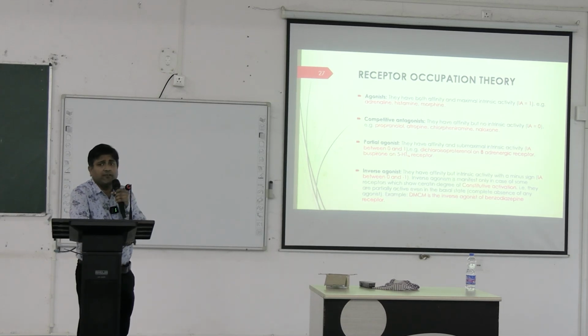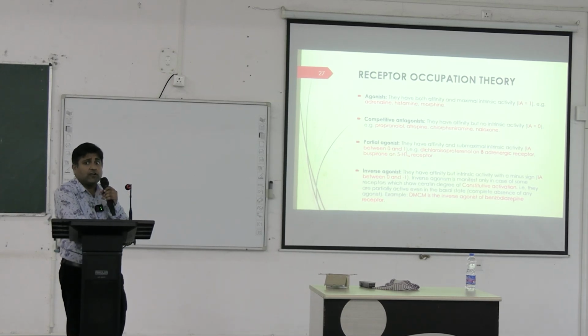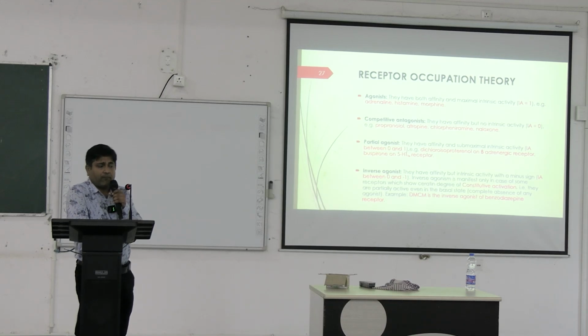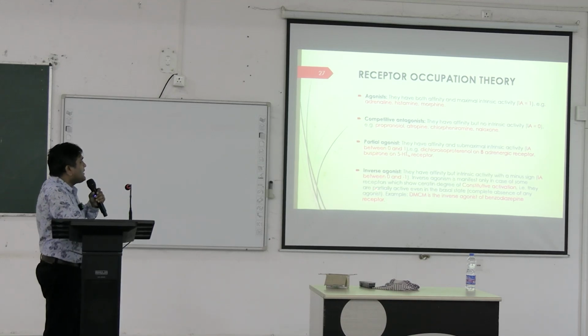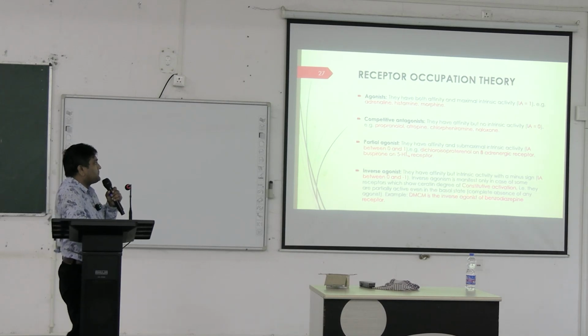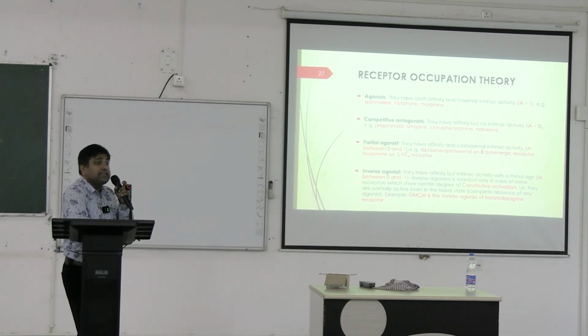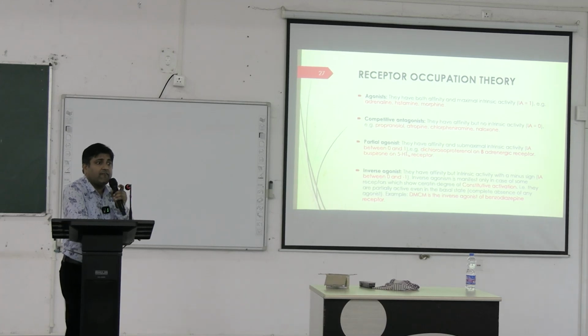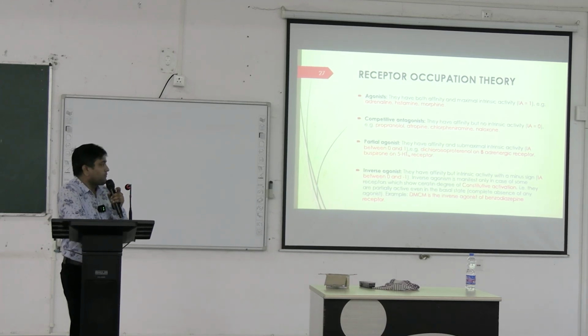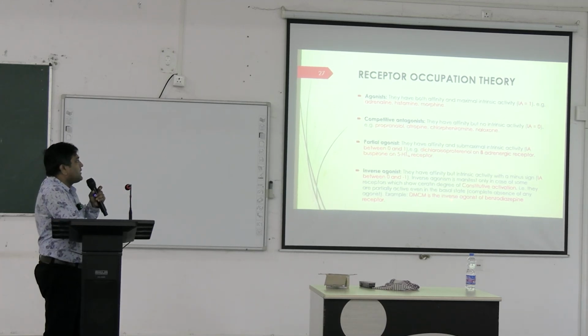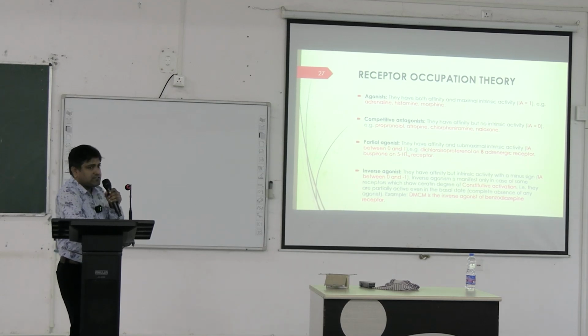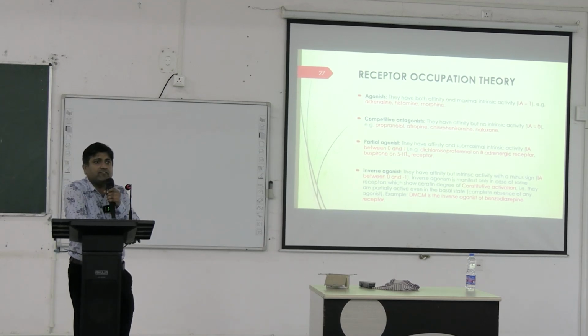Like benzodiazepine receptors, they show constitutional activity. So they are partially active even in the basal state, in complete absence of any agonist. Only this type of receptors can have inverse agonist. Like DMCM is the inverse agonist of benzodiazepine receptors.